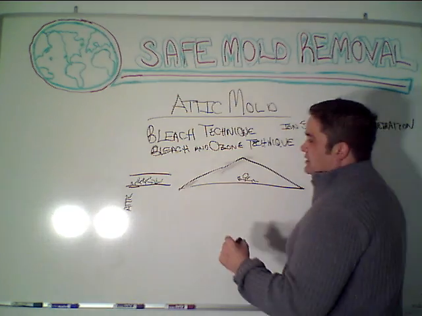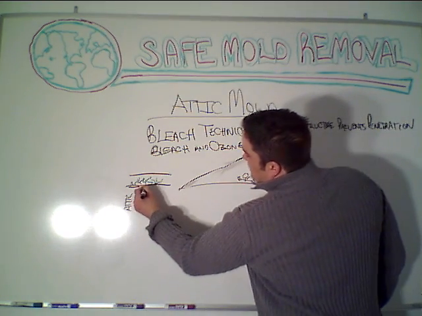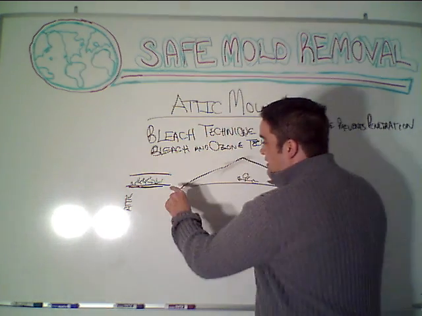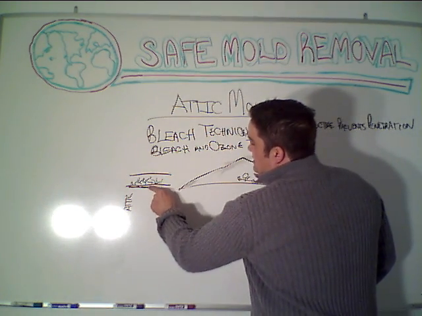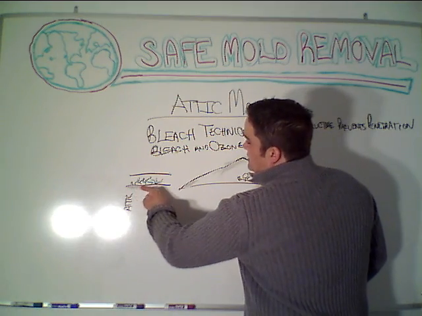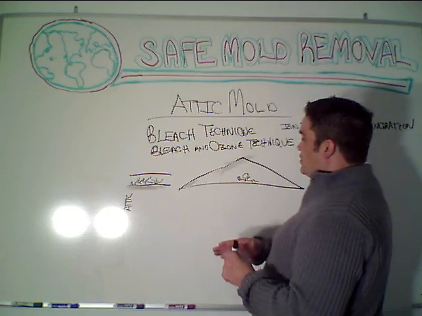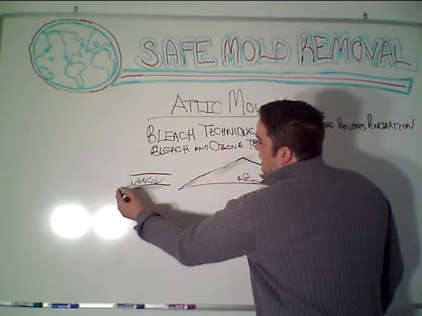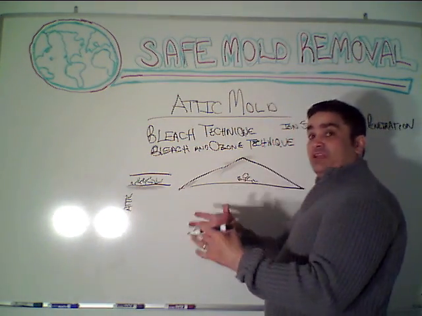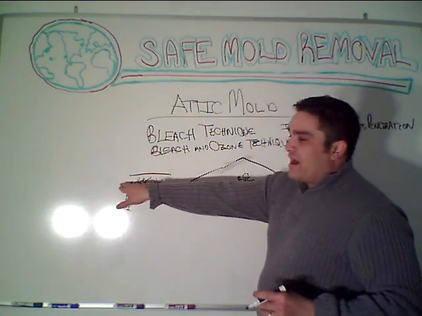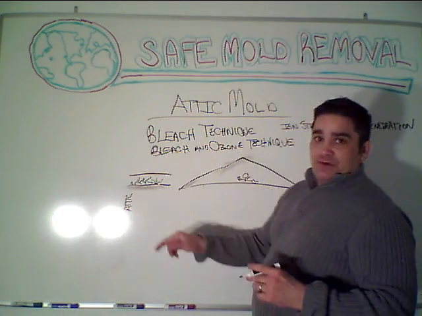What does that mean? Well, it means that the bleach sits on the surface of the wood. What it does a great job with is erasing the pigment layer, which is again the top 32nd of an inch on the surface of the wood. And what's left behind is apparently clean looking wood, but it still has viable root structures within it.